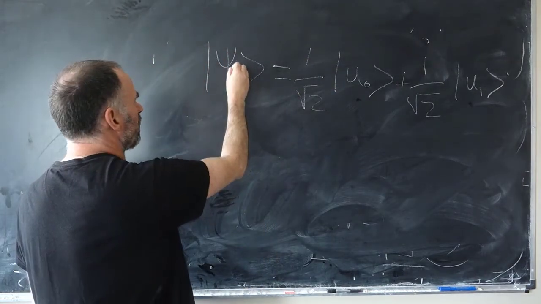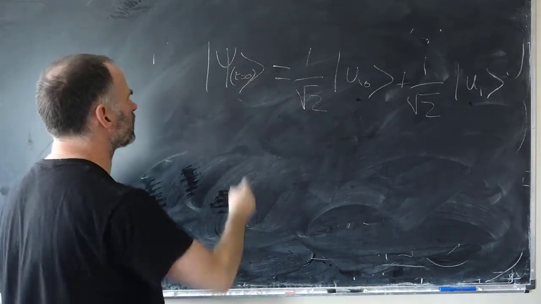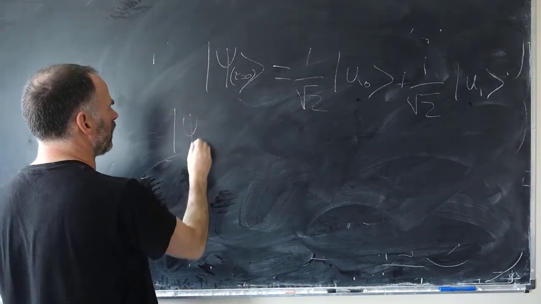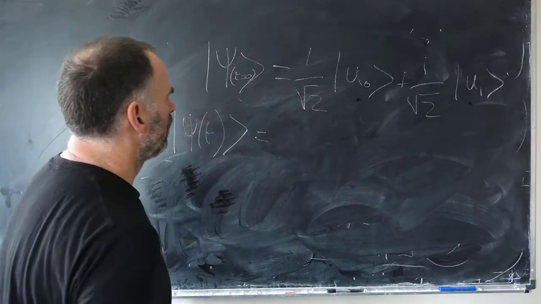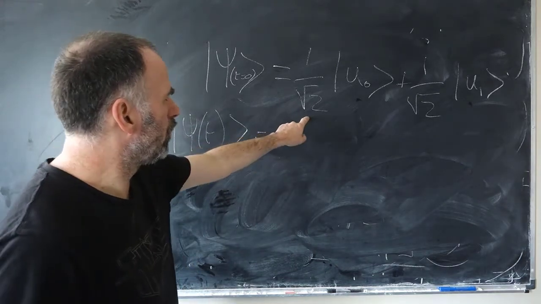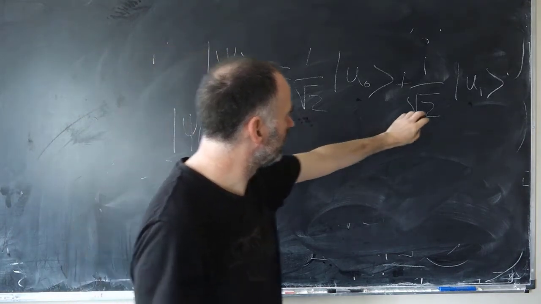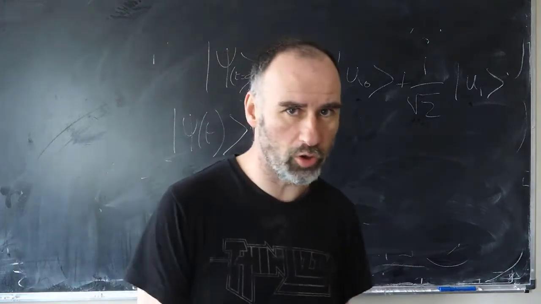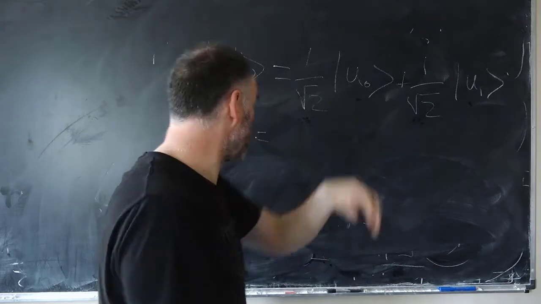That's at t equal to 0, because there's no time dependence. Just to explain, these are the coefficients, so if we square those, a half plus a half gives us 1, so it's normalized, as described for question 1.